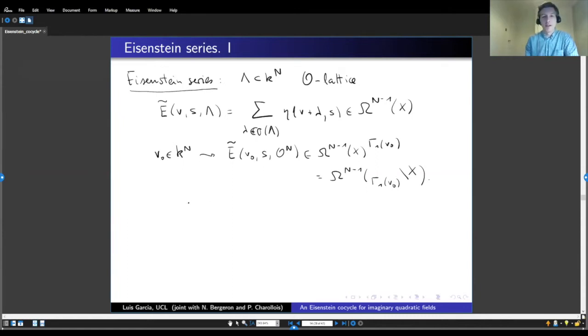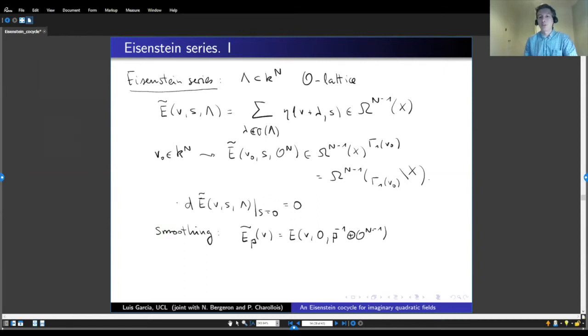Okay, and because of the properties of the form eta, this Eisenstein series is closed when you set x equal to 0, and you can also consider its smooth version, where you define E_P of V to be this expression here, E_P of V evaluated at 0 of this lattice.